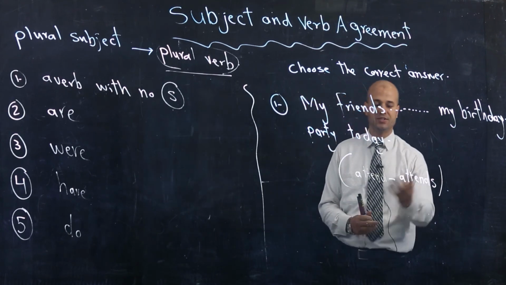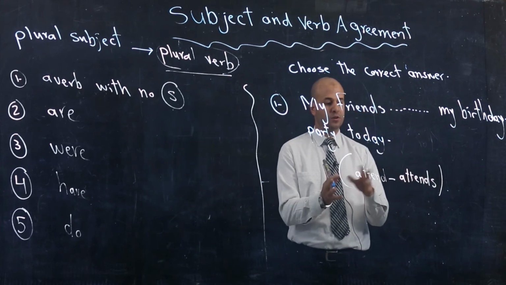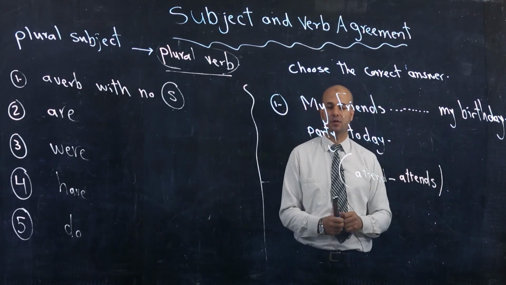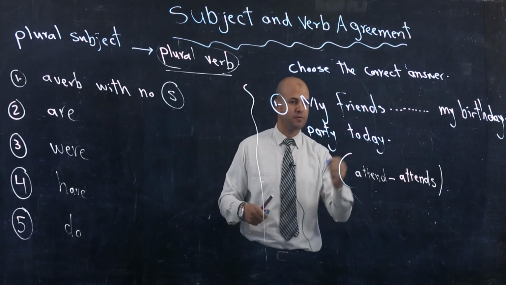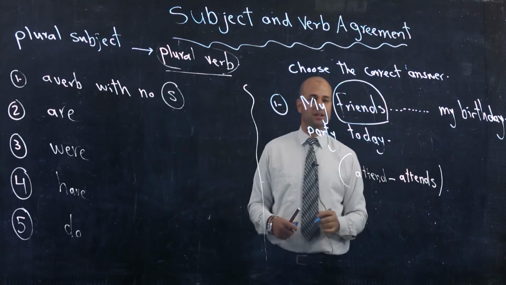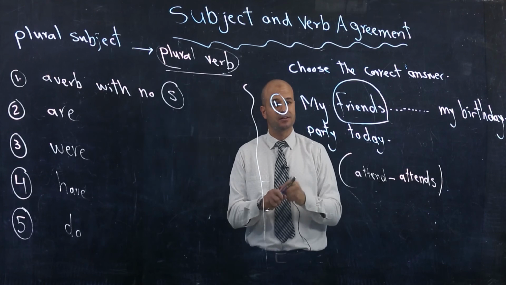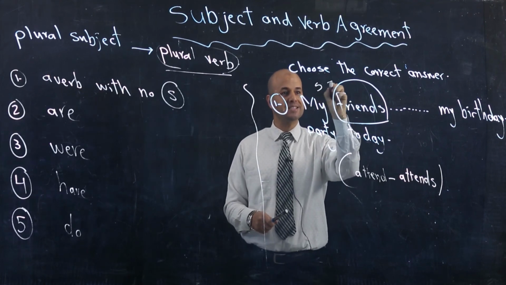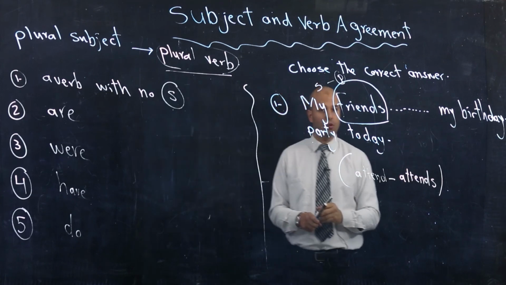Attend or attends. Before choosing one of them, you must ask yourself, where is the subject? So the subject here is friends. Right. Ask yourself, what type is friends here? Is it singular or is it plural? It's plural.